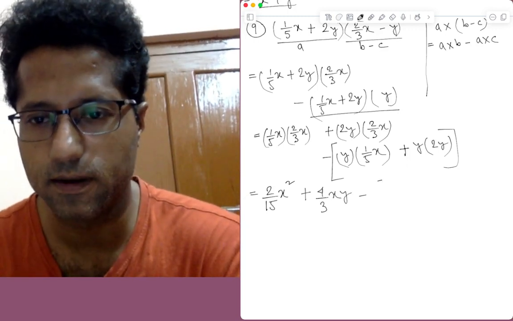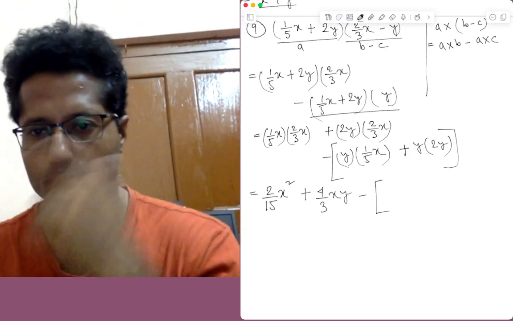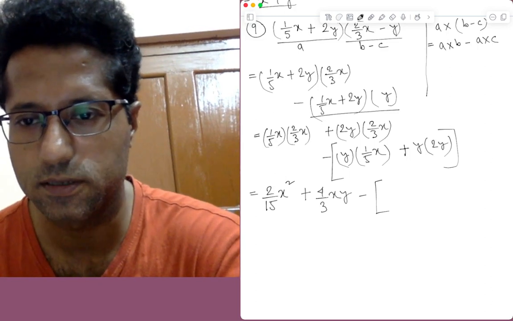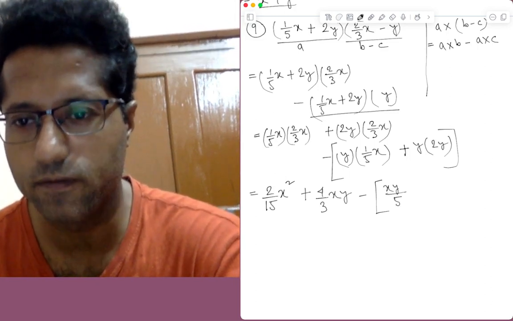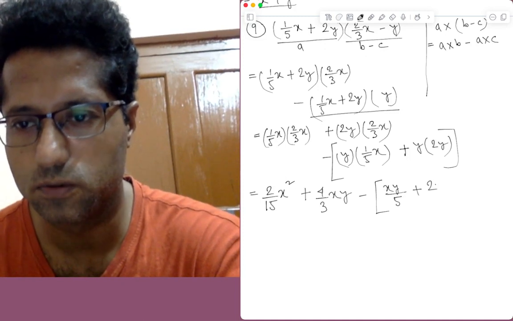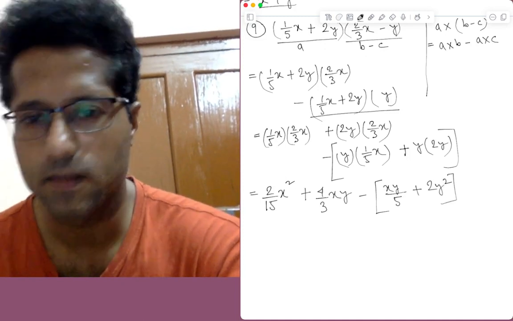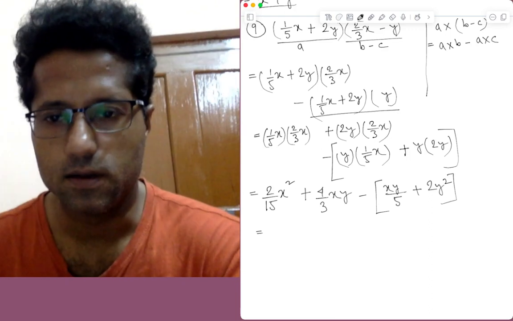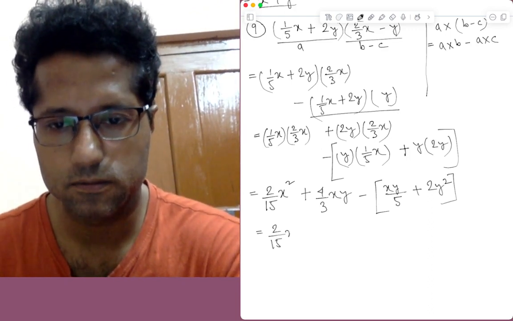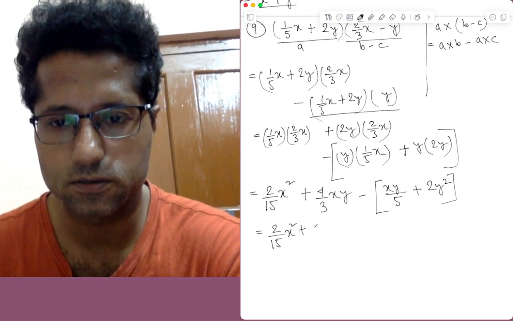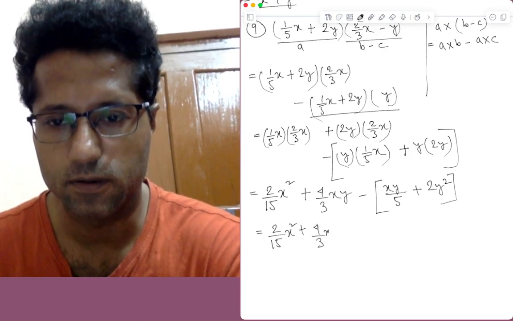We have negative sign, and when we do the product inside the grouping symbol, it is xy by 5 plus 2y square. Okay, now this is 2 by 15 x square plus 4 by 3 xy.